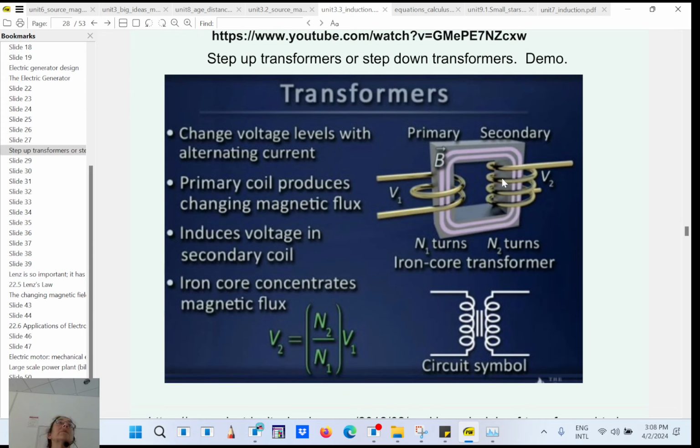No, because otherwise that means you have a free lunch. Divided by 2. Okay? So if the number of loops is multiplied by 20, the voltage is multiplied by 20, the current will be divided by 20. Okay, because there is no free lunch.